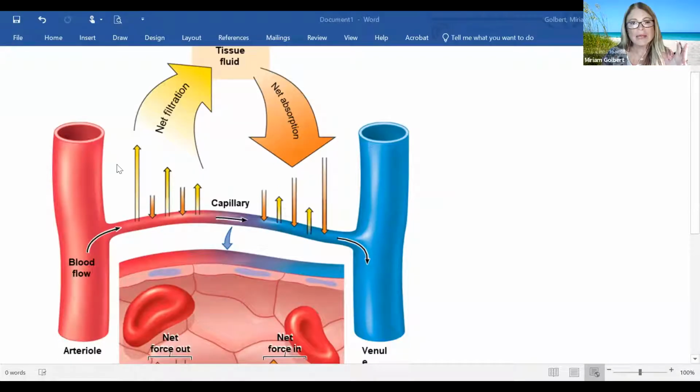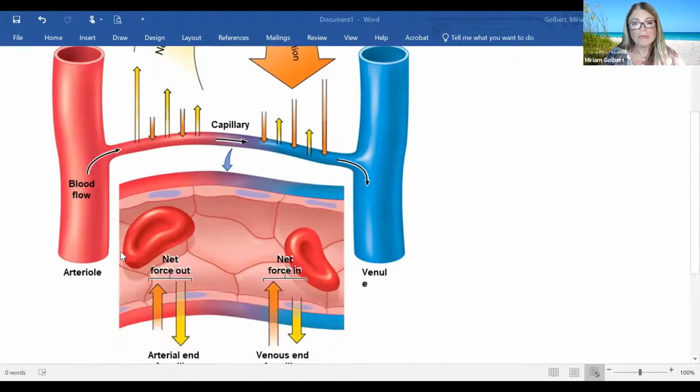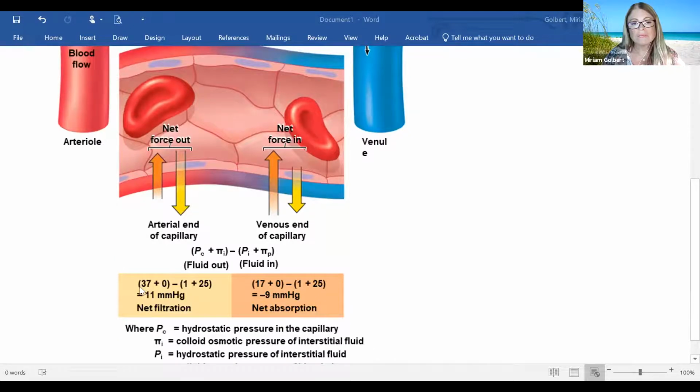So when we analyze what are the forces that allow for this diffusion to happen, and what are the opposing forces of that diffusion. So when we come here where it says blood flow, we are coming with the hydrostatic pressure of the capillary.